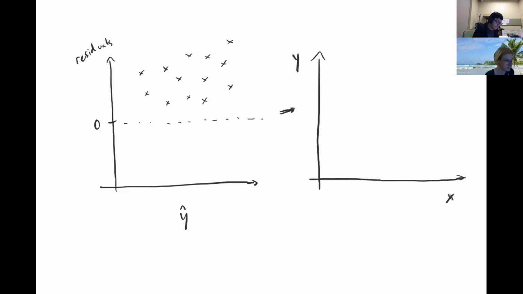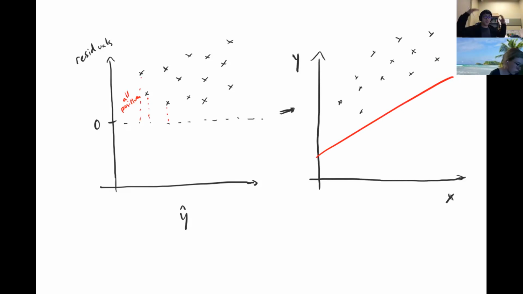Well, if I have a fit line, it means that all of these distances are positive, all positive, which means that in order to generate those errors, all of the points in my data would need to actually be above my fit line.